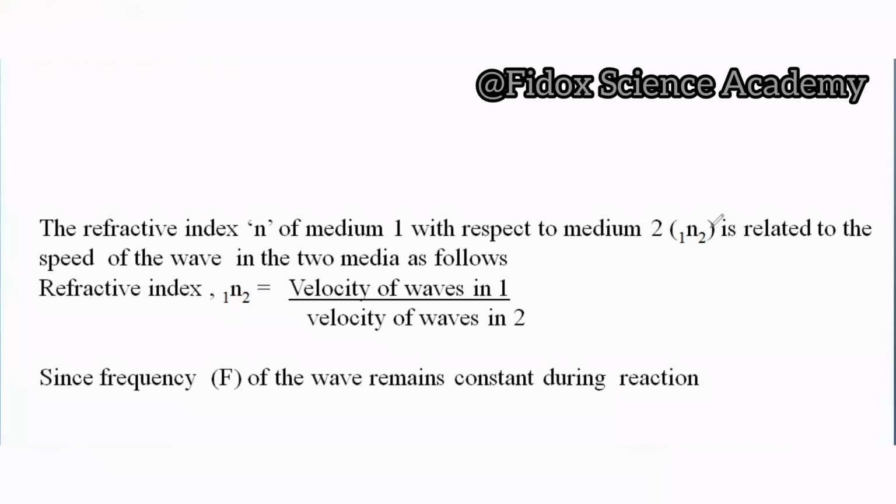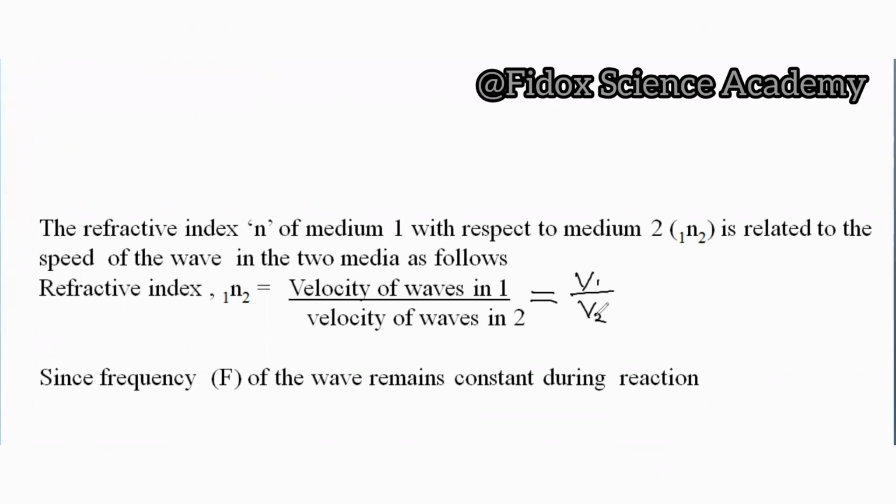So we say that the refractive index N of medium 1 with respect to medium 2 is related to the speed of wave in the two media as follows: it is equal to the velocity of wave in medium 1 all over the velocity of wave in medium 2. So we can denote this mathematically to be V1 all over V2.